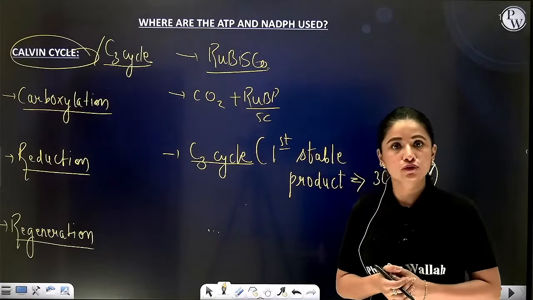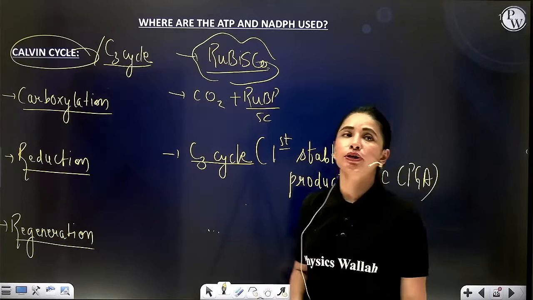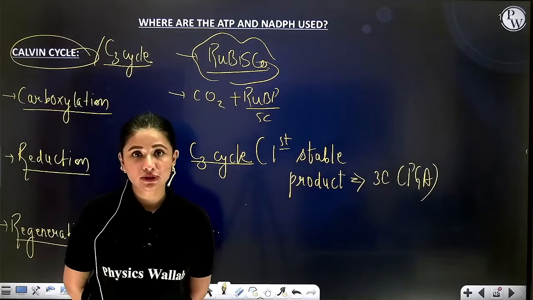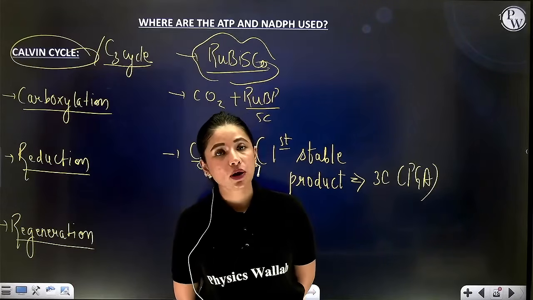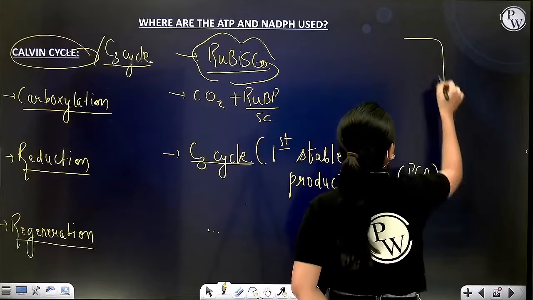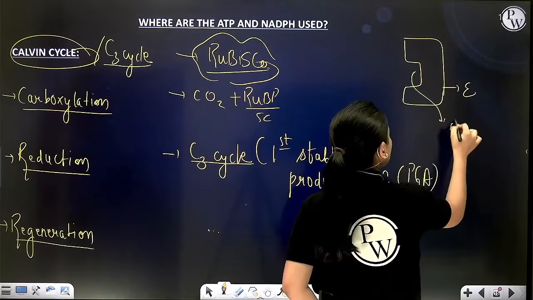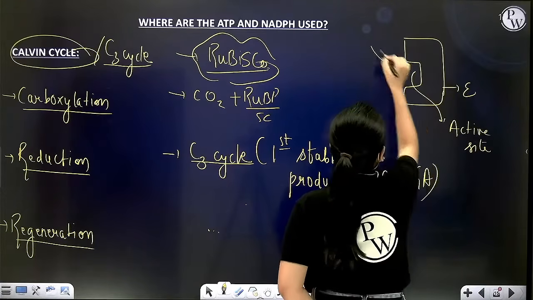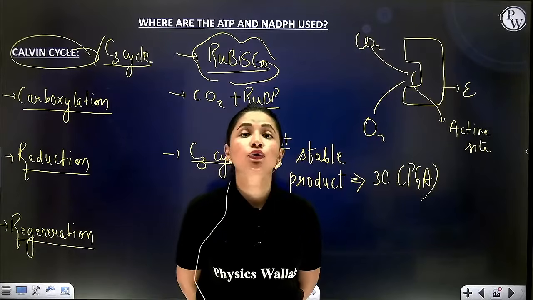Now, my dear students, before I start with the entire cycle and try to explain more about this cycle of glucose production, first let me give you some important information about this enzyme rubisco. This enzyme rubisco stands for ribulose bisphosphate carboxylase oxygenase. That means this enzyme, suppose this is the enzyme rubisco, has an active site which is common for both the substrates, that is CO2 and O2.